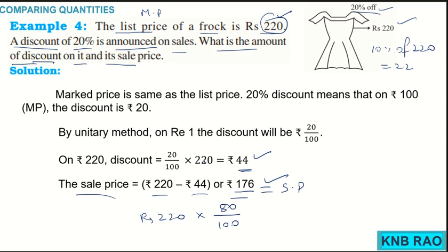Because out of 100 rupees, 80 rupees remains after the decrease. So now if I do this, 8 2s are 16, 6 carry 1, and 8 2s are 16 plus 1, 176. It is the final selling price. So we could find it quickly without calculating the discount amount. This is the method we apply.